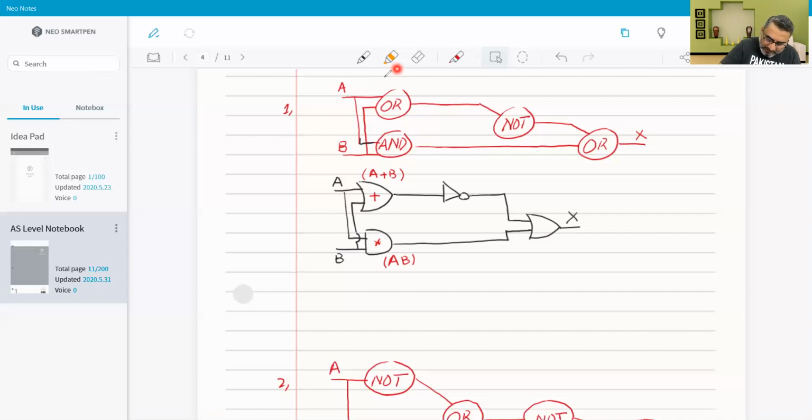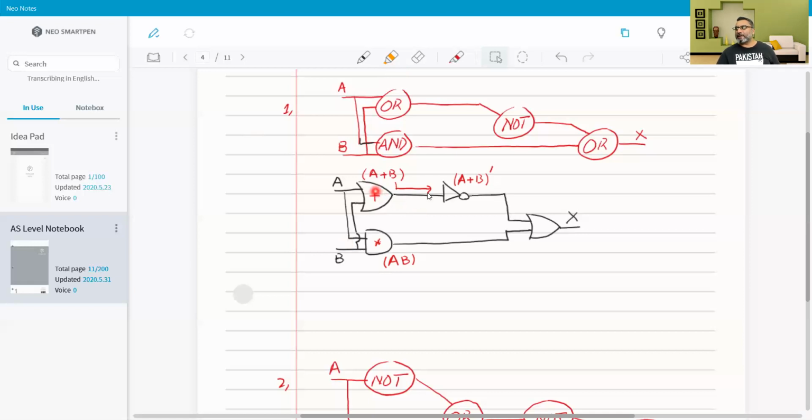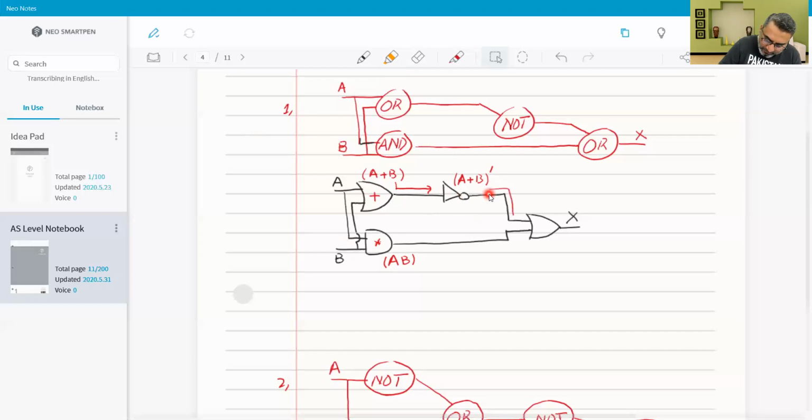So now this A plus B will go through this NOT gate, and as I said, after NOT gate you don't have to put a new set of bracket. All you have to do is to just show NOT. So the output of OR gate, once it goes through NOT gate, will become A plus B whole NOT. Now this A plus B whole NOT will go through this OR gate as one input, and this AB will be another input to this OR gate.